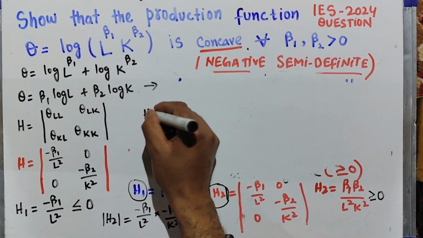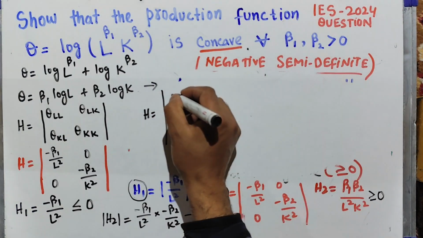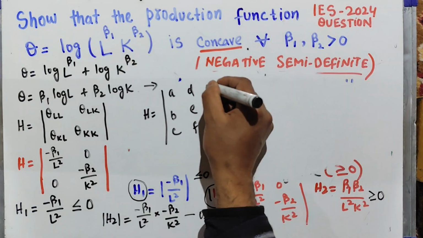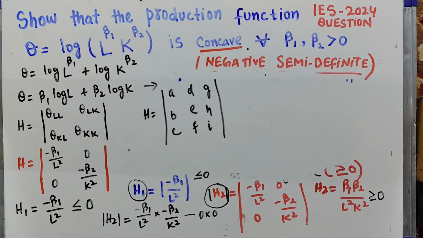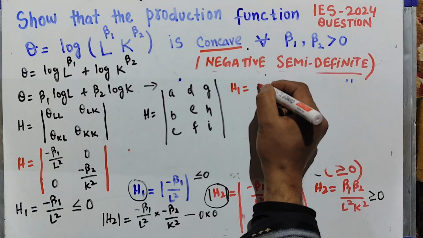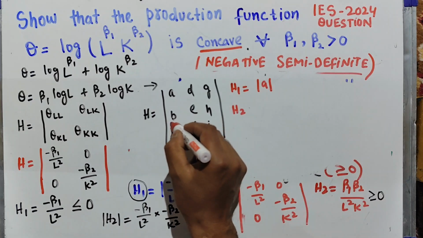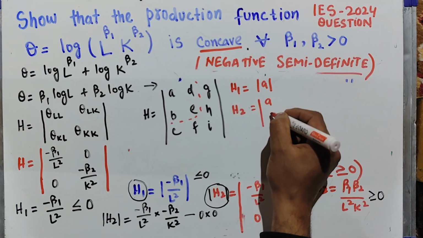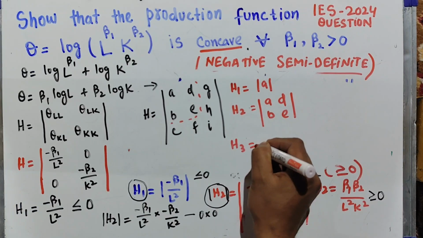If you are getting confused, let me explain how we take the principal minors. Let us take any matrix, not specifically symmetric: A, B, C, D, E, F, G, H, I. First H1 will be this element A. Then H2 will be this matrix A, B, D, E. Then H3 will be this whole matrix.